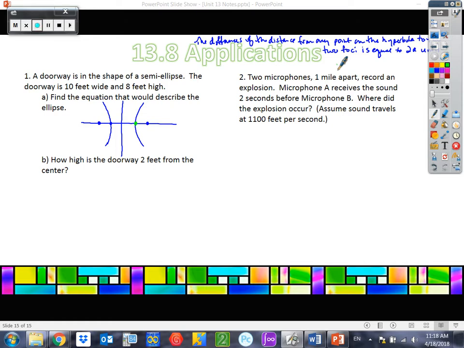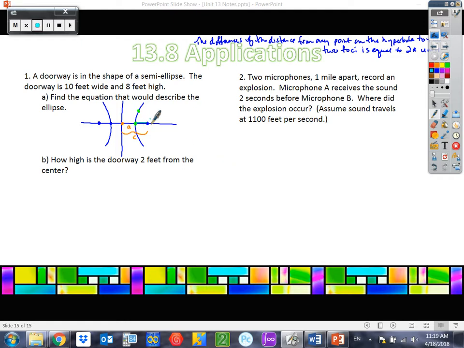The point we know could be anywhere. Just for convenience, I'm using this point right here, and I'll show you why that's very helpful in just a minute. Okay, so we know the distance between here and here is A. And we know that this full distance between the center and the focus is C. So I'm going to measure the distance between the point and each focus and then subtract those distances.